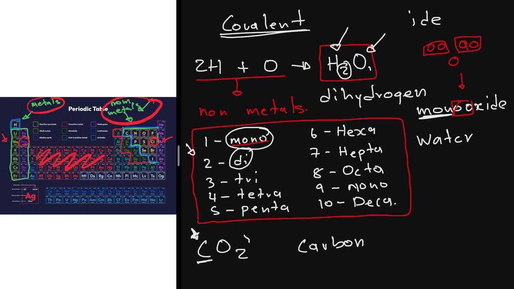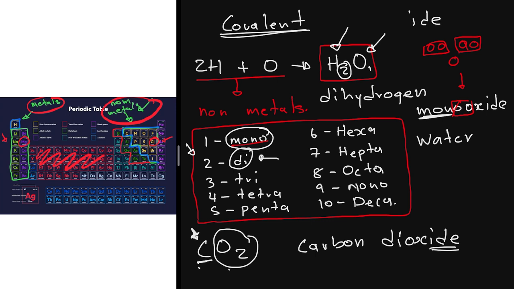But now, if you look at the second part here, what do we have? We have 2 oxygens, and 2 we refer to as di. So this is just going to be dioxide. Remember, the last element will always change to ide. The reason why we are labeling it this way is because we have 2 nonmetals.